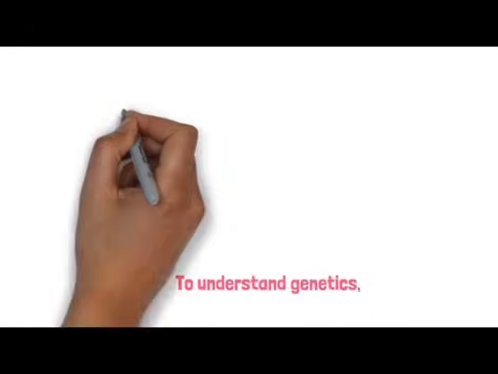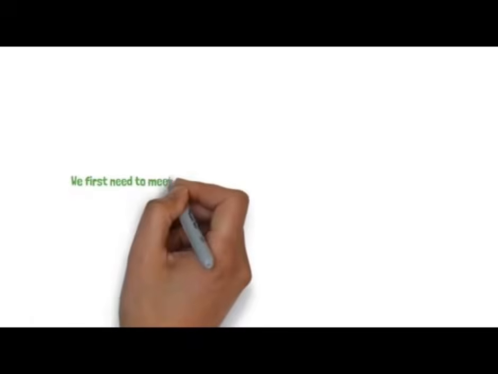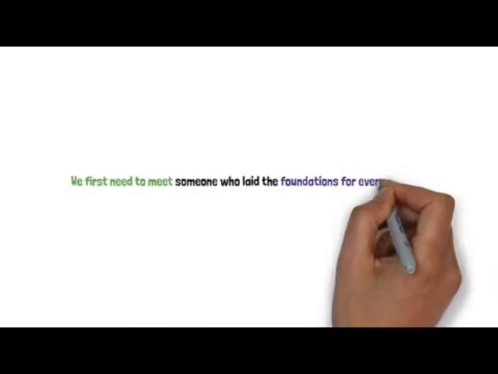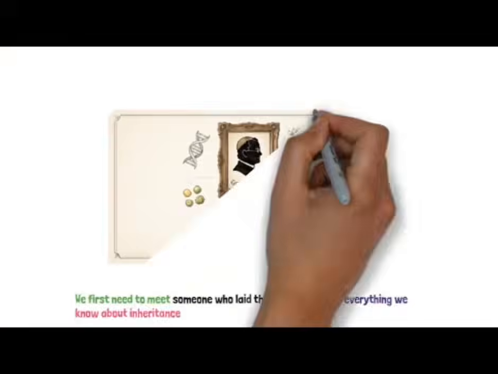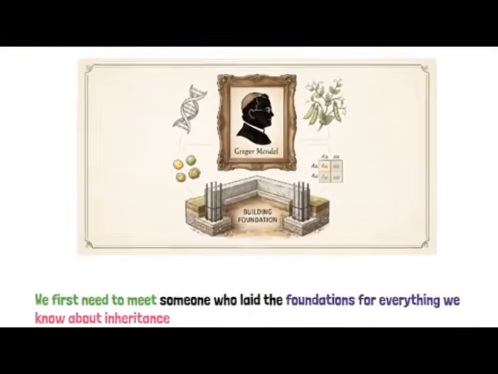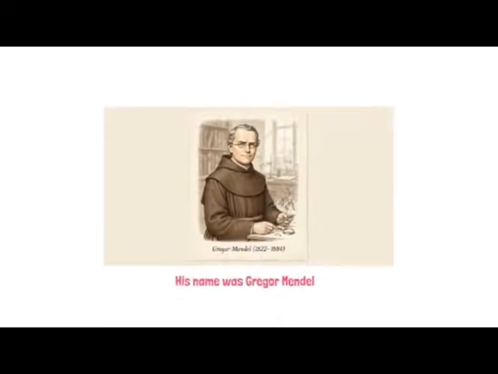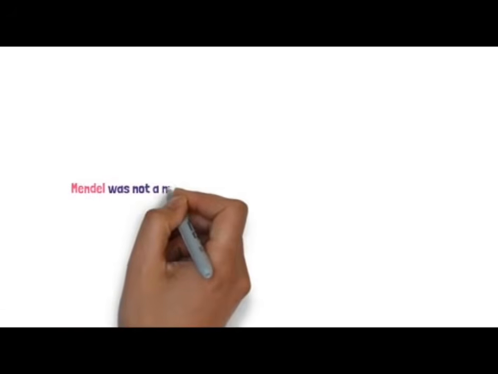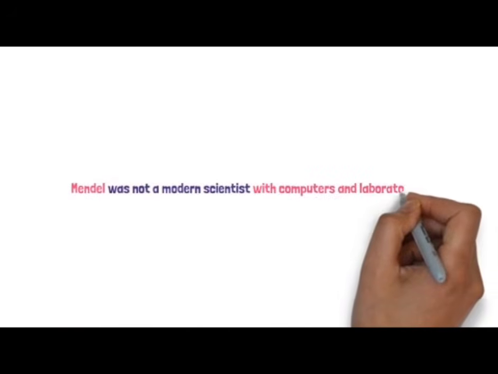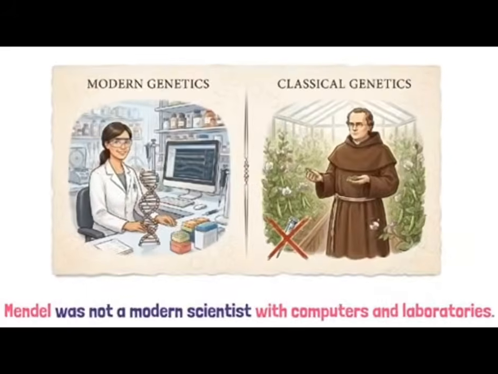To understand genetics, we first need to meet someone who laid the foundations for everything we know about inheritance. His name was Gregor Mendel. Mendel was not a modern scientist with computers and laboratories.